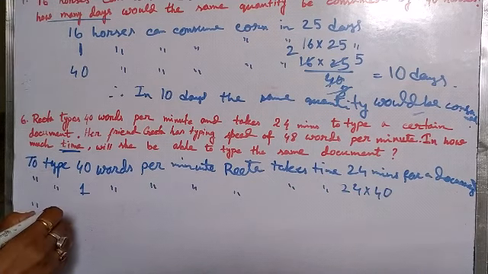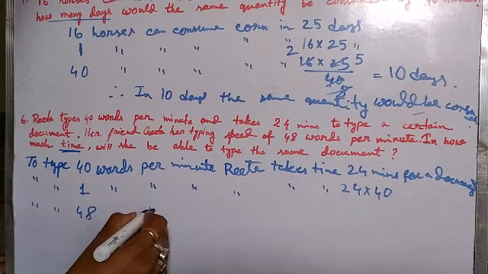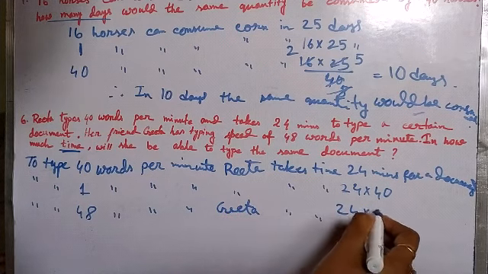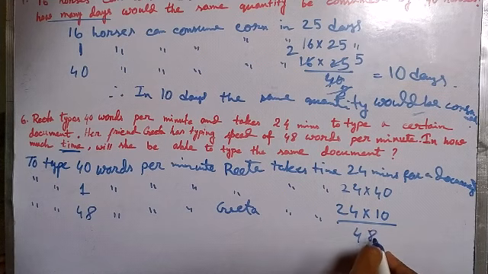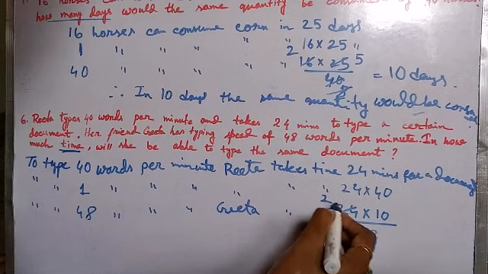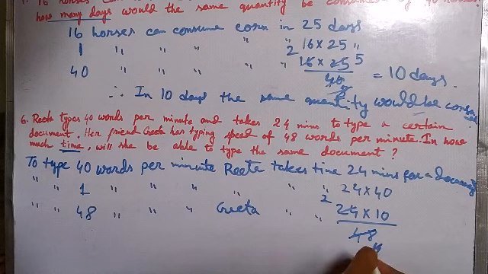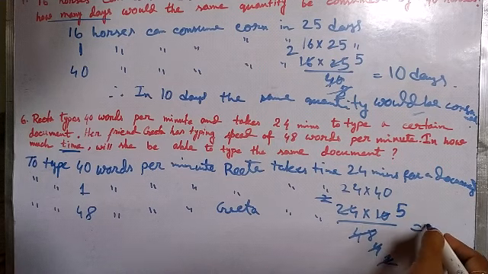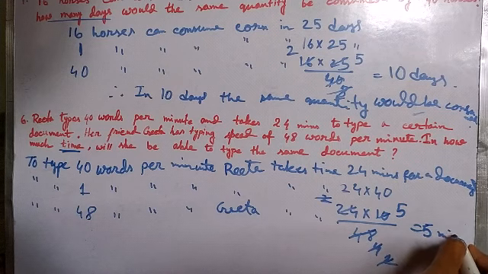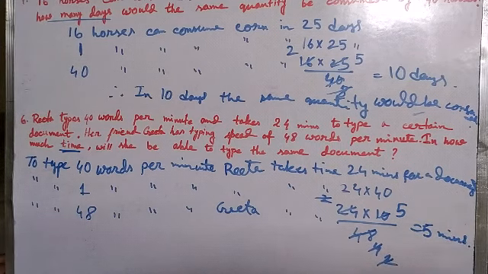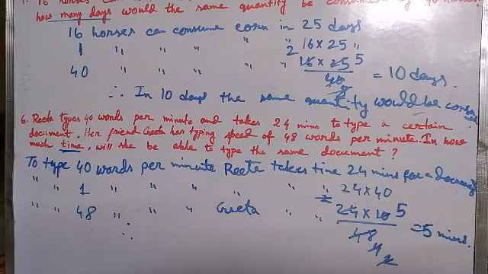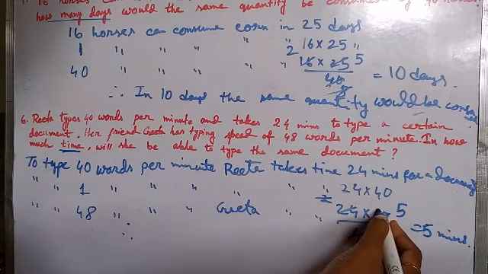And to type 48 words per minute, Geeta takes time 24 into 40 divided by 48. 12 2s are 24, 12 4s are 48, 2 2s are 4, then 2 5s are 10, 5 minutes. Therefore, this is 40 minutes.